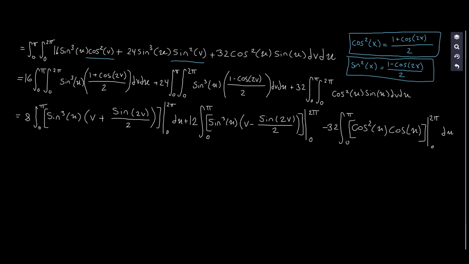Let me just check my work. I messed something up. The issue with what I did was I tried to integrate this sine of u when we're doing it with respect to dv. I could salvage this, but both of these are going to get left alone. There's no room for us to integrate this when it's with respect to v.